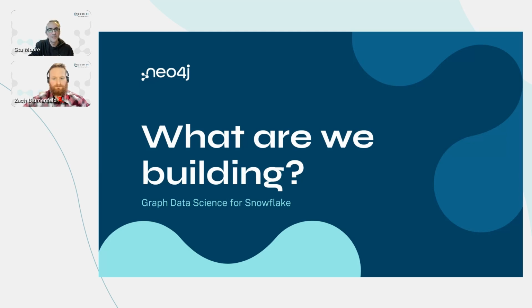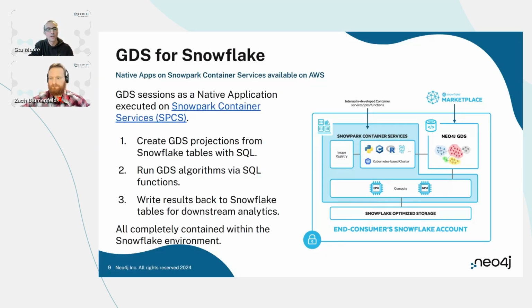So let's take a look at what we're offering then. Snowflake offer a compute platform called Snowpark Container Services. It's currently available on AWS in combination with native applications. Native applications are a way for companies like ourselves to build our products and have them available within Snowflake's marketplace.